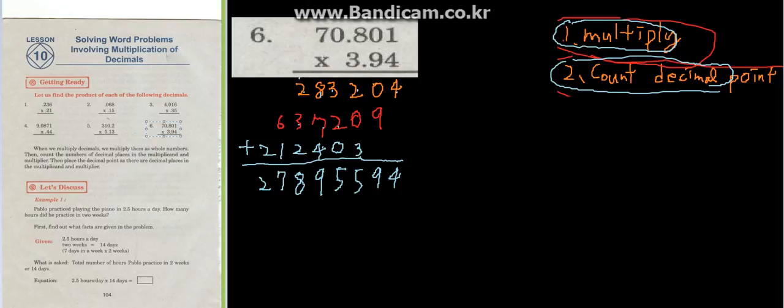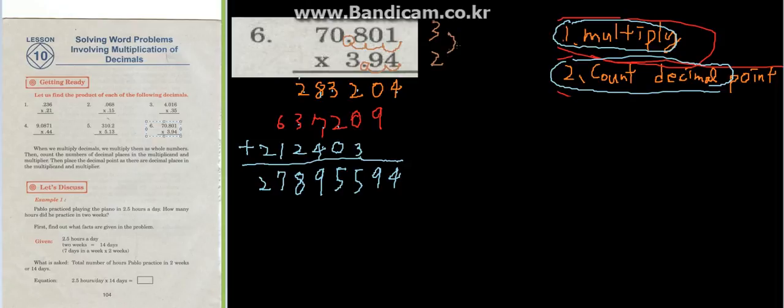In the first number, there are 3 decimal places: one jump, second jump, and at the third jump there's a point. In the bottom number, one jump, second jump, and there's a point, so there are 2.